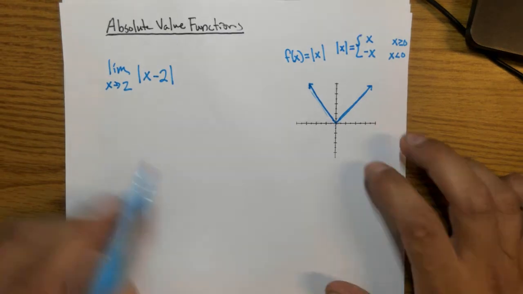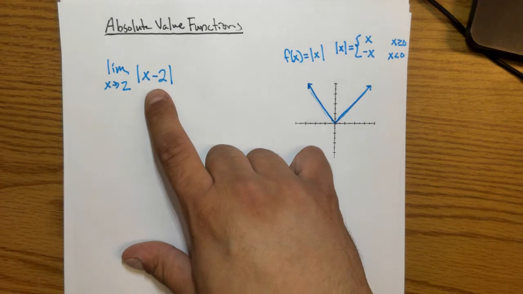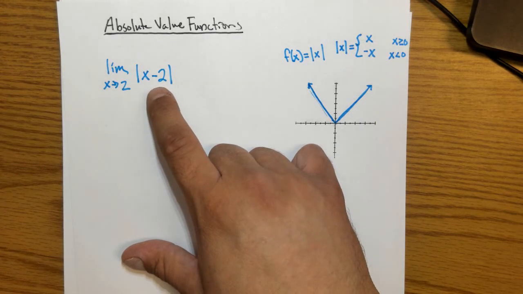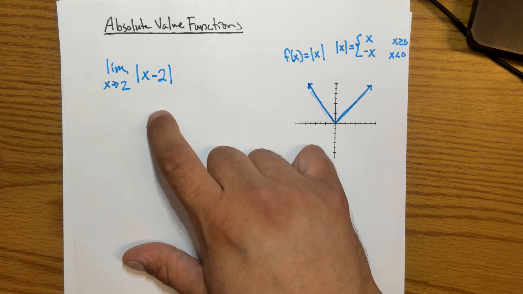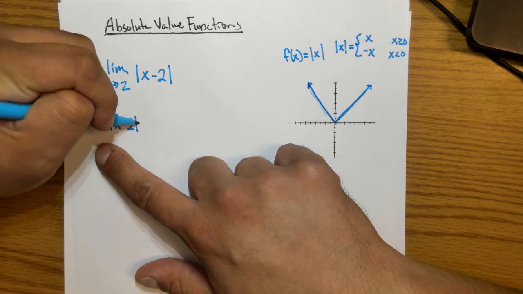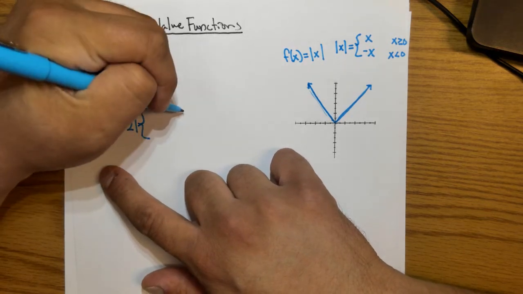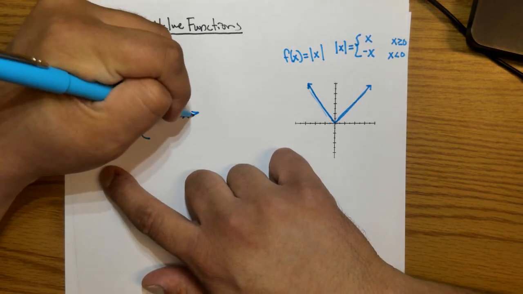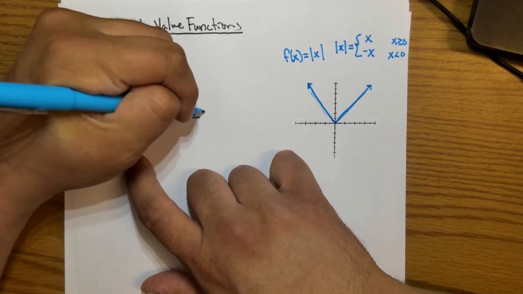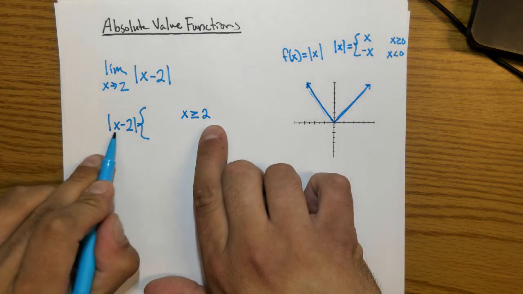Okay? So let's go back here. Now, I want to describe this absolute value function as a piecewise function. So I'm just going to write this out. I know that when x is greater than or equal to some number, and in this case it's going to be 2, because if I plug in 2, it'll give me 0.